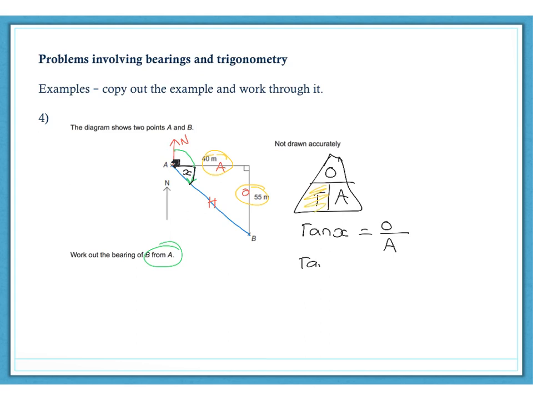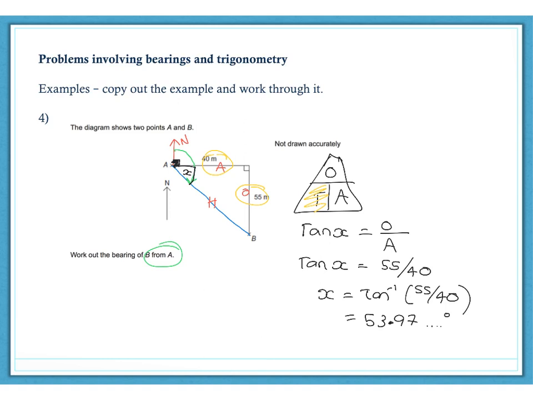So tan x is equal to 55 divided by 40, and x is equal to tan to the minus 1, 55 over 40, which works out to be 53.97, etc. We won't round this value.